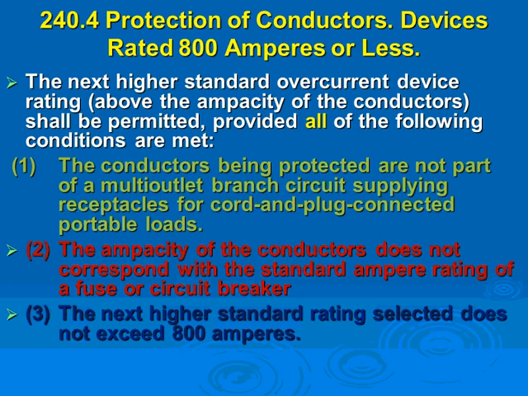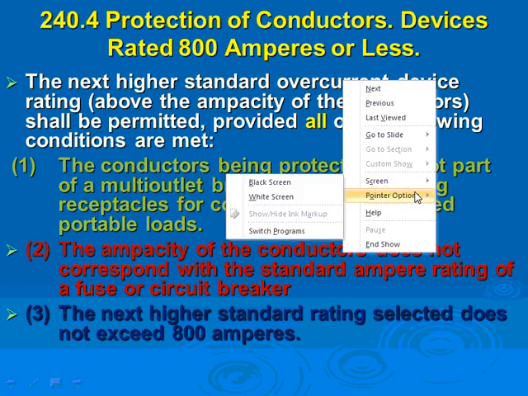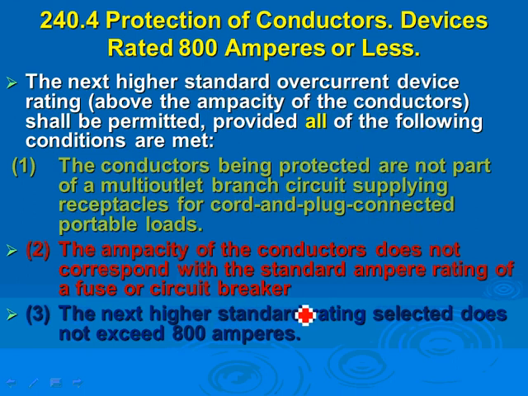If you have a 400 amp feeder, and I use this one all the time, here's my 400 amp feeder, and that's feeding a panel, main lugs only. What size conductor do I need for this? Well, I'm going to go with 500 kcmil.